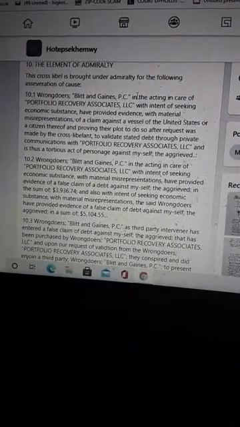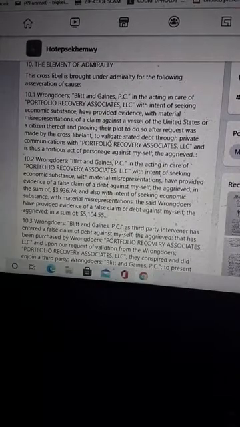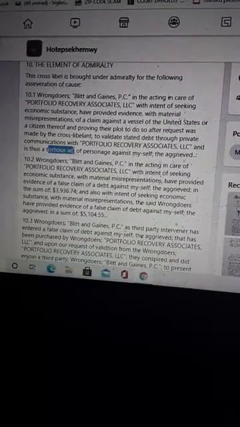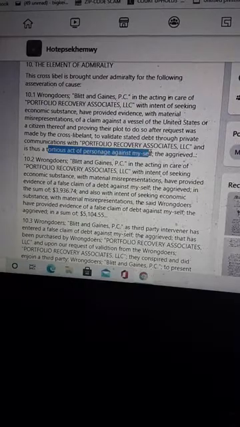Wrongdoers Blitten Gaines, PC, acting in care of Portfolio Recovery Associates, LLC, with intent of seeking economic substance, have provided evidence with material misrepresentations of a claim against a vessel of the United States or a citizen thereof, and proving their plot to do so after request was made by the cross-libelant to validate stated debt through private communications with Portfolio Recovery Associates, LLC, and is thus a tortious act of personage against myself, the aggrieved.